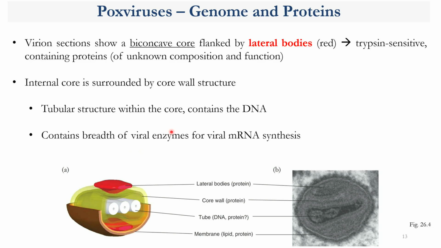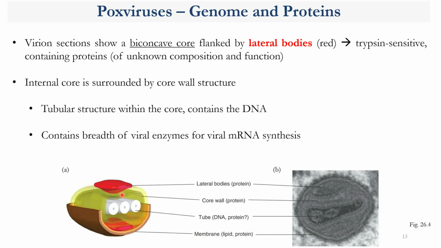and how it's organized. So if you look at the virion itself, it has a biconcave core. So you have the core here. It's concave on both ends, so that's why it's biconcave. And this is flanked by what's called lateral bodies. And these are protein structures that are sensitive to trypsin.